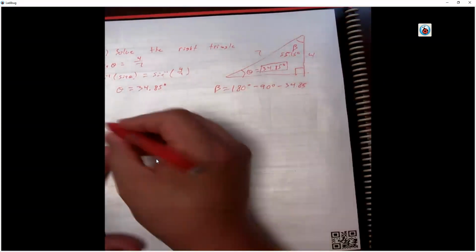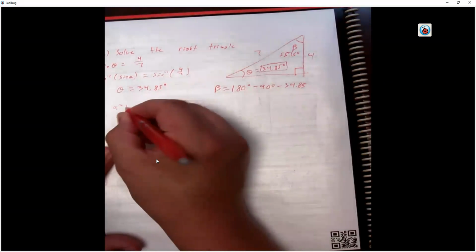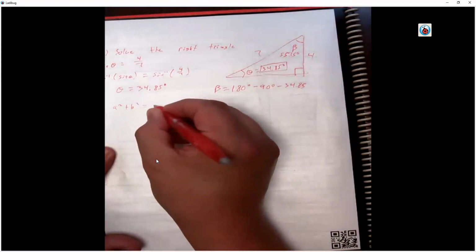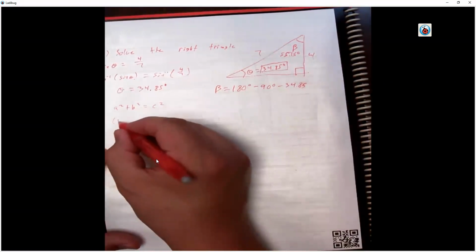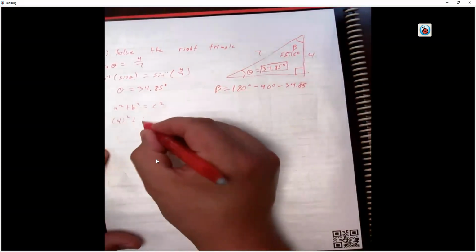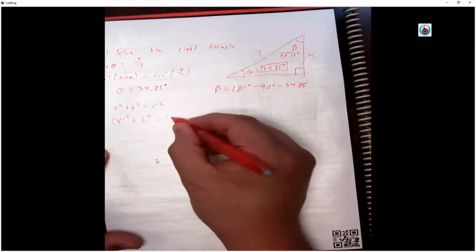All right, so we got almost everything. Now we just need that side. Well, we're just going to do the Pythagorean theorem. That's about all we can do. So a squared plus b squared is equal to c squared. A is 4. C is 7.